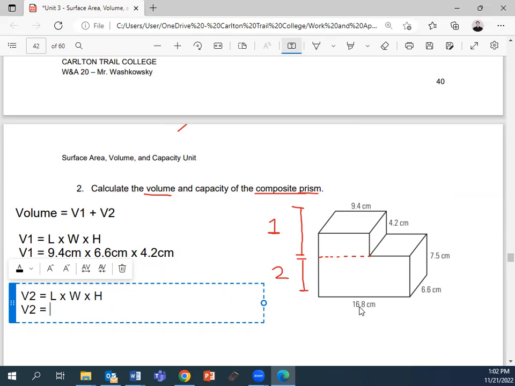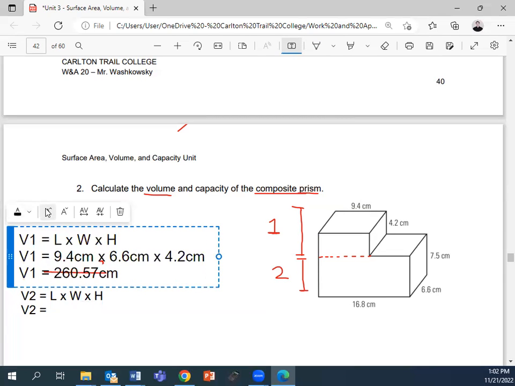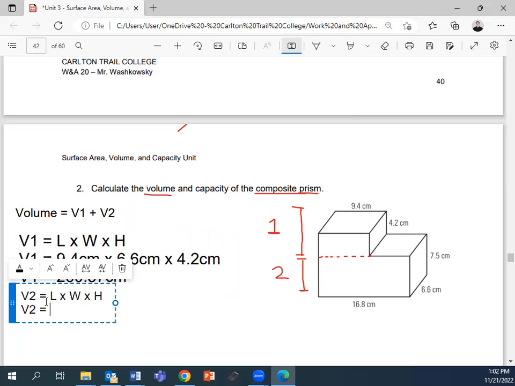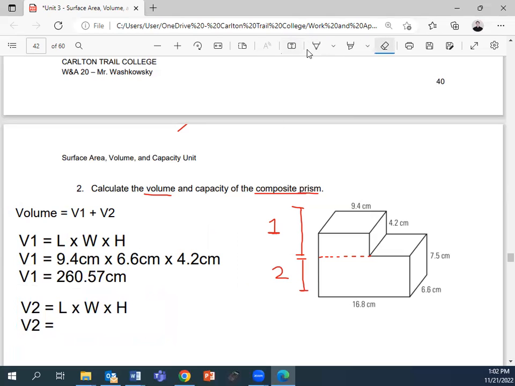I can make the text bigger if you want. Yeah, for sure. And there we go.